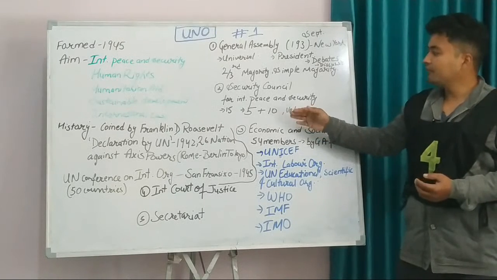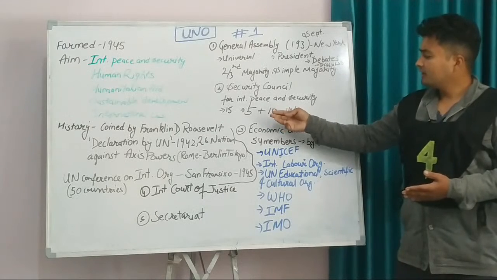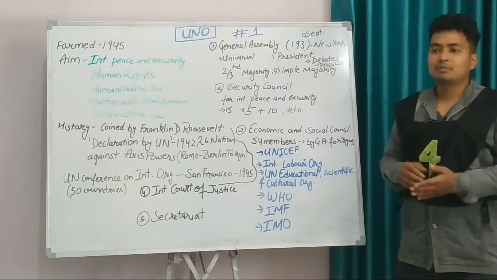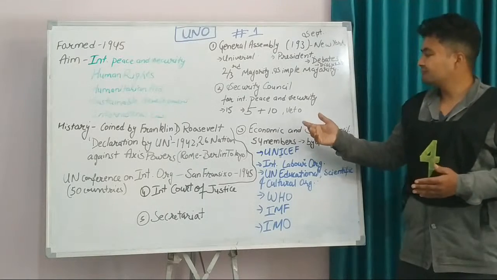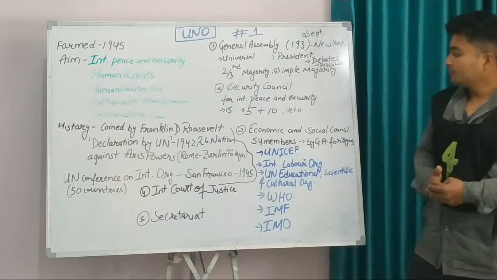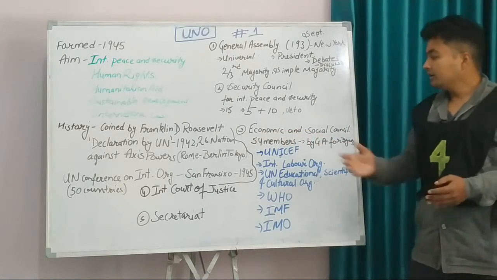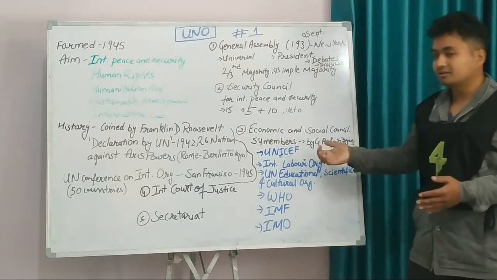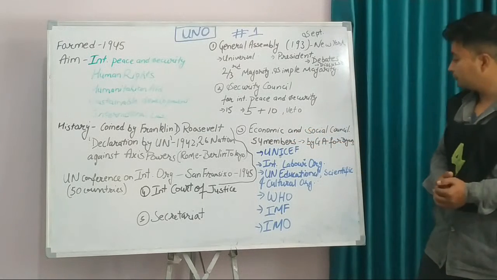So this is a very powerful post. The 10 non-permanent members are chosen from the 193 members based on their regions, and they are chosen for 2 years. Now, the third part is the Economic and Social Council, which has 54 members nominated by the General Assembly for a period of 3 years.